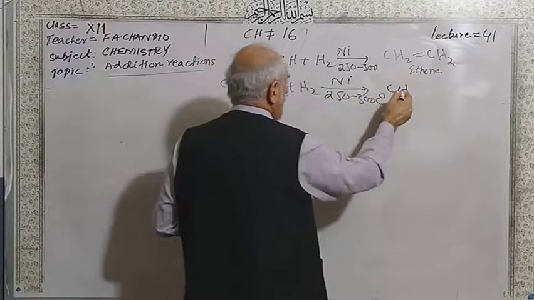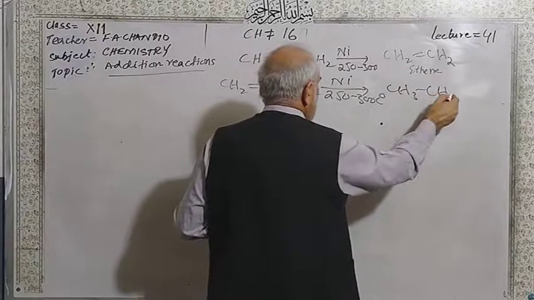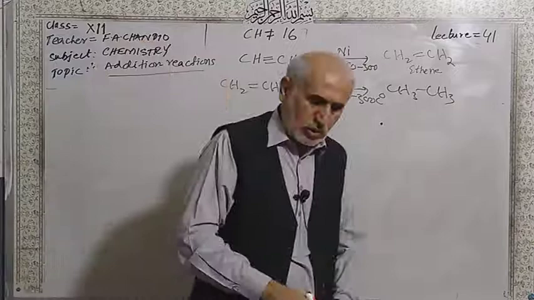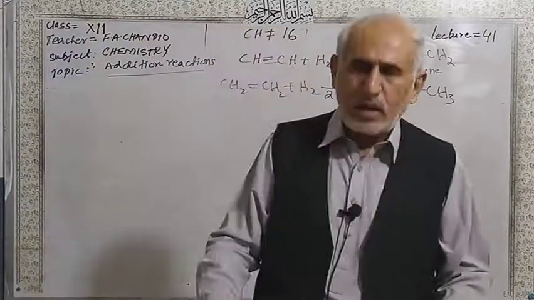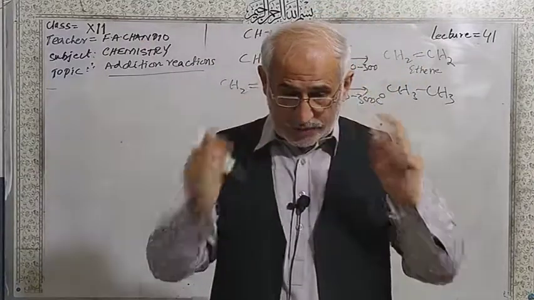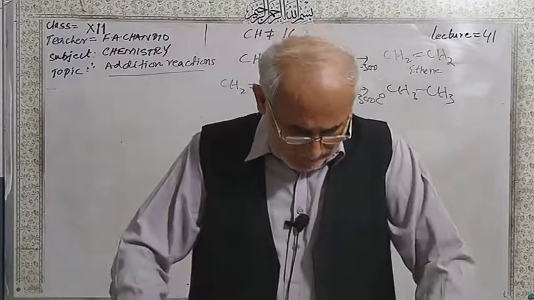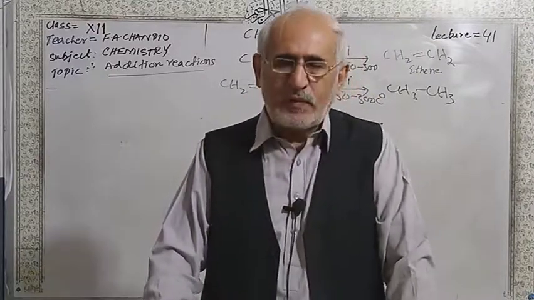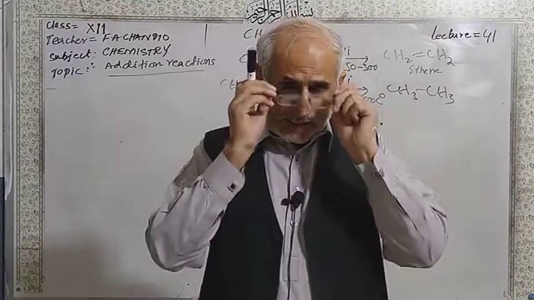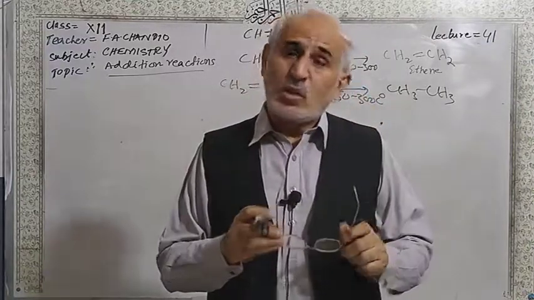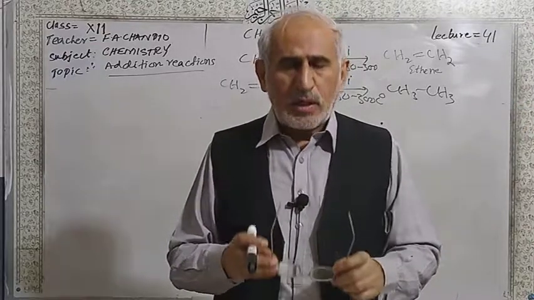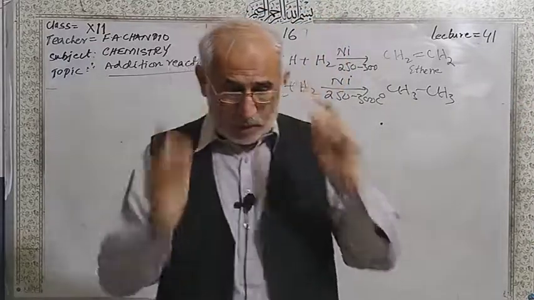You will get ethane, and the reaction will stop because no more addition of hydrogen is required and the valency of the carbon on both sides is satisfied. So this is hydrogenation, addition of hydrogen in the presence of nickel as a catalyst, and we call it Raney nickel. You did this in the previous section. Raney nickel we call it, or you can use platinum or palladium.